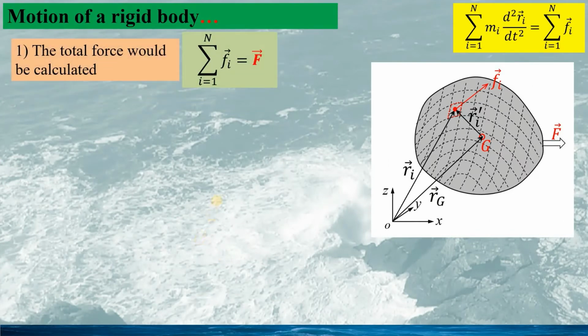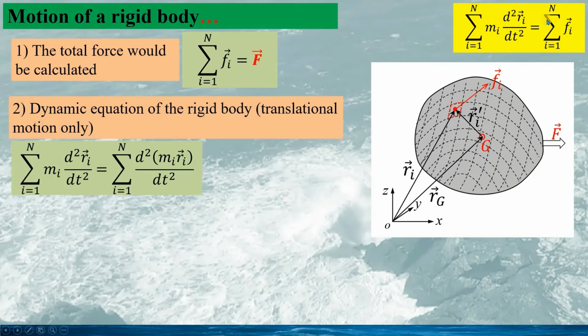Here, we can first calculate the total force acting on the rigid body, given as this. We can see the total force for the rigid body will be the external force only, the vector capital F, since all the internal forces would cancel each other.